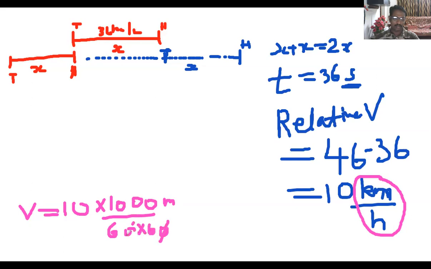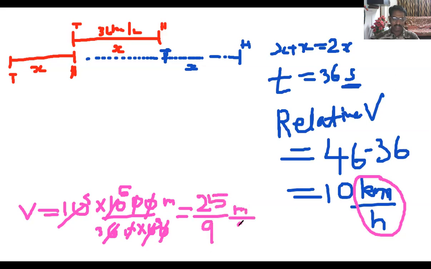No calculators allowed, so you have to solve it. You can divide by 2 and by 3 and further by 2 and 3, and it will be 25 by 9 meters per second.